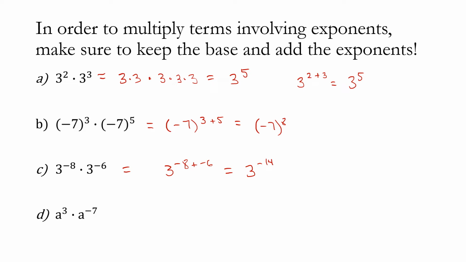And now this last one, we have a to the third times a to the -7th, so our base is a. We're adding 3 plus -7, and 3 plus -7 is -4, so a to the -4th.